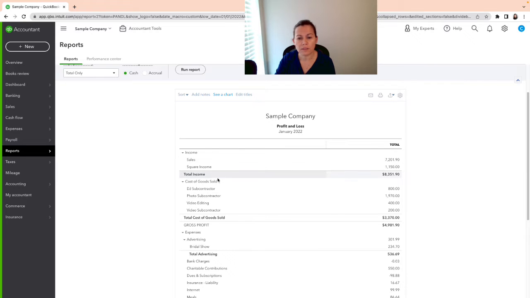And of course, we talked in the past about the integration, that you do need to have specific accounts in Square in order to make this work. And one of them is Square Income, which would track all your income coming from Square. And I also mentioned in the past that if you're integrating with Square, you want to keep it as simplified as possible. I do not track individual clients from Square if it is small transactions.